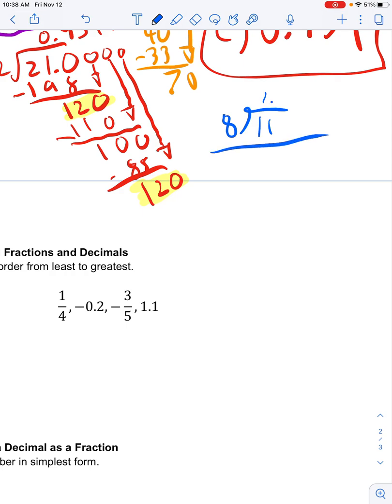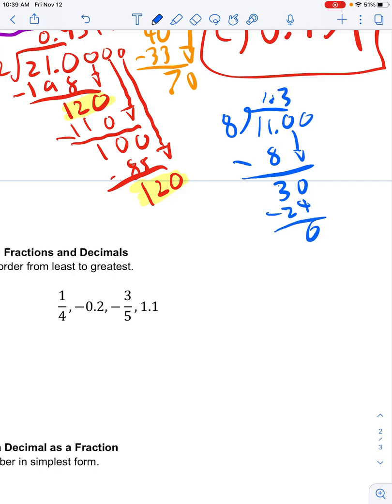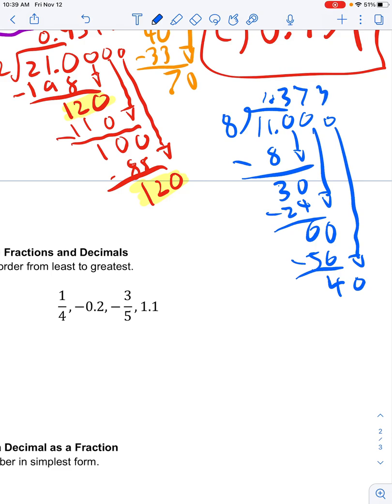Let's just start over. Oops. Okay, 8. Add the 0 here, bring it down. 3, 24, 6, 0. 8 goes in there 7 times, get 56, subtract it, 4, get a 0. 8, 16, 24.